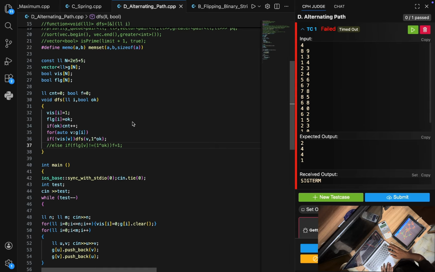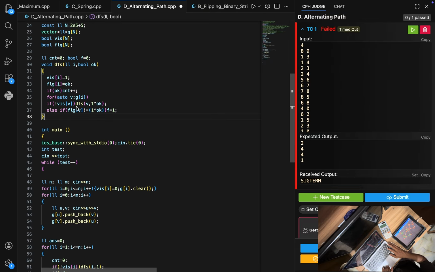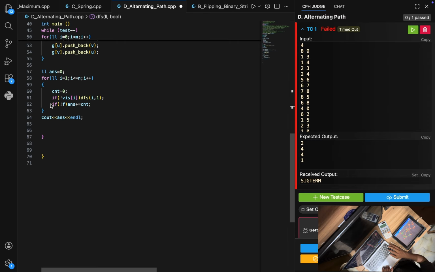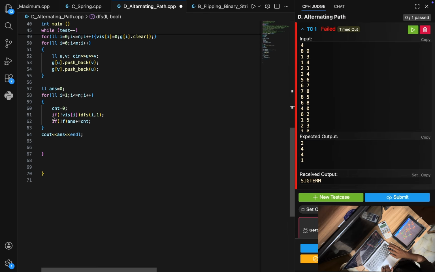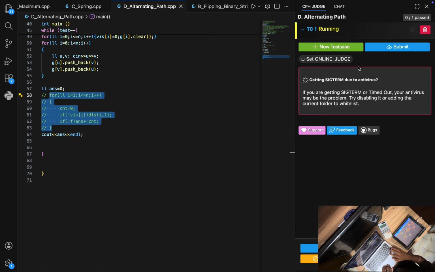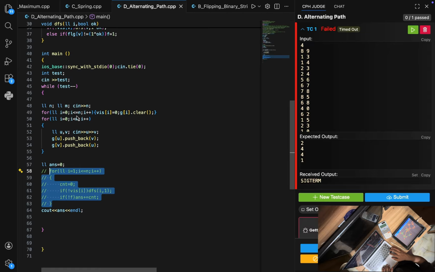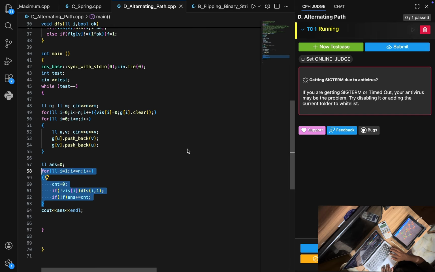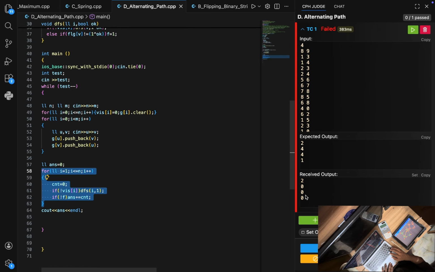But it's not running. Yeah, everything is correct and this part. It's still not running. And M, the number of M, 2000. Okay.